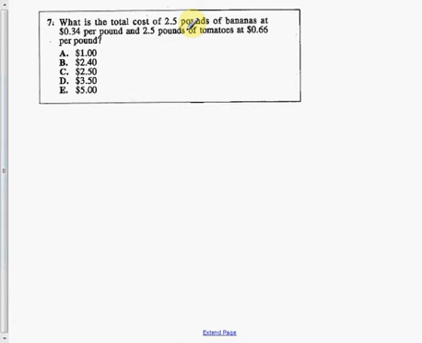If I know the weight, the pounds, I can take the pounds times the rate, and that'll give me the cost. So that's going to be 2.5 times 0.34, just put that into an expression, plus the 2.5, which is the pounds of tomatoes, at 66 cents per pound. And so that gives me, did you work that out on your calculator? What does that give you?